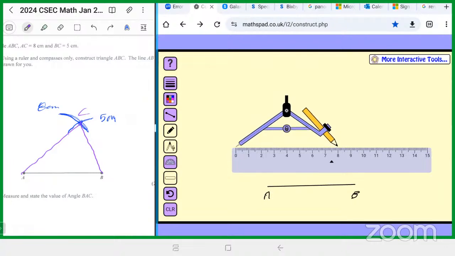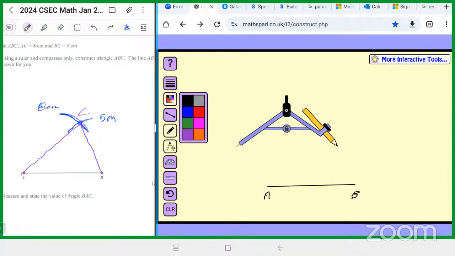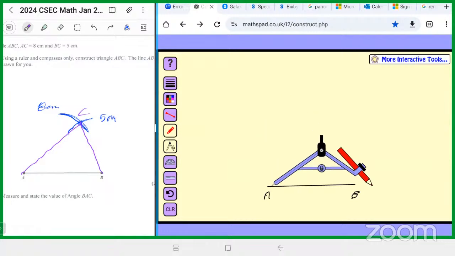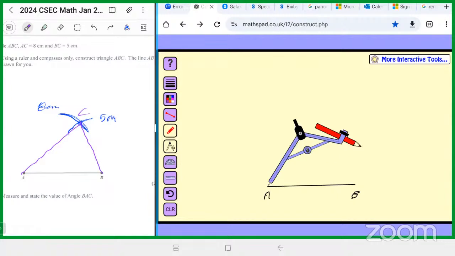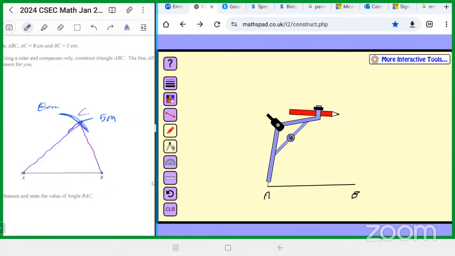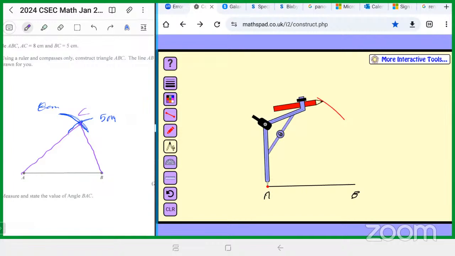You would lock it, move the ruler. Let's use a different color for the construction lines. So I'm going to bring the point to A, rotate up the compass, and make an arc somewhere around here. So that red arc right now is 8 centimeters from the point A.